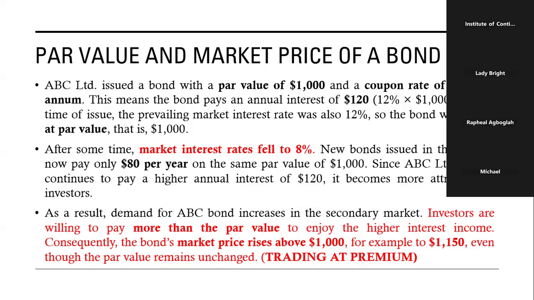So considering ABC's bond, that was giving 12% interest or coupon rate at par value of $1,000, each person receives $120 for holding that bond. Then months after, we have another set of bonds that are introduced into the market with a lower interest rate because interest rates have just generally gone down.